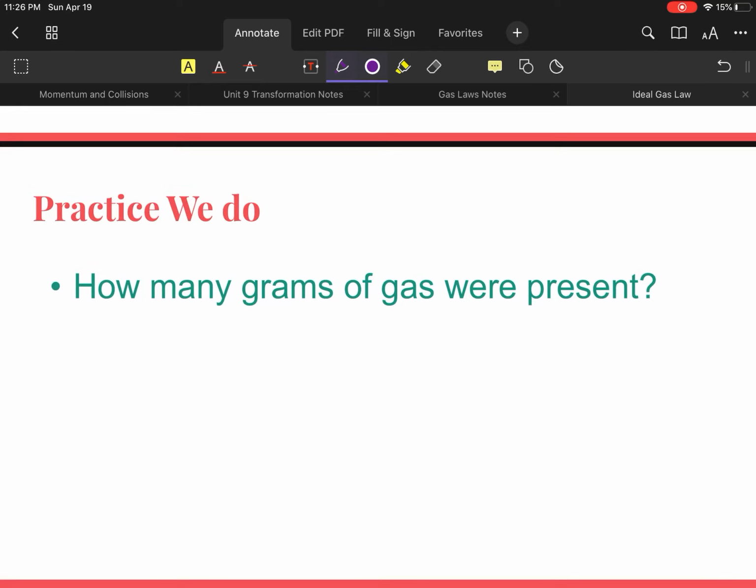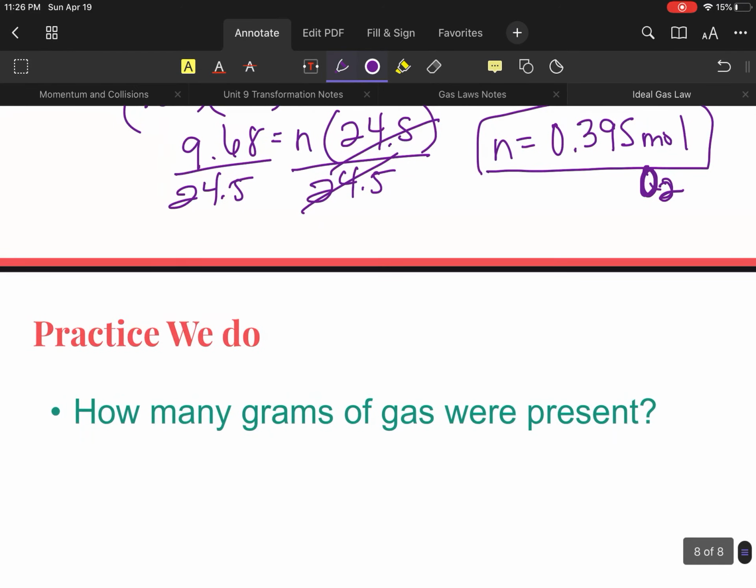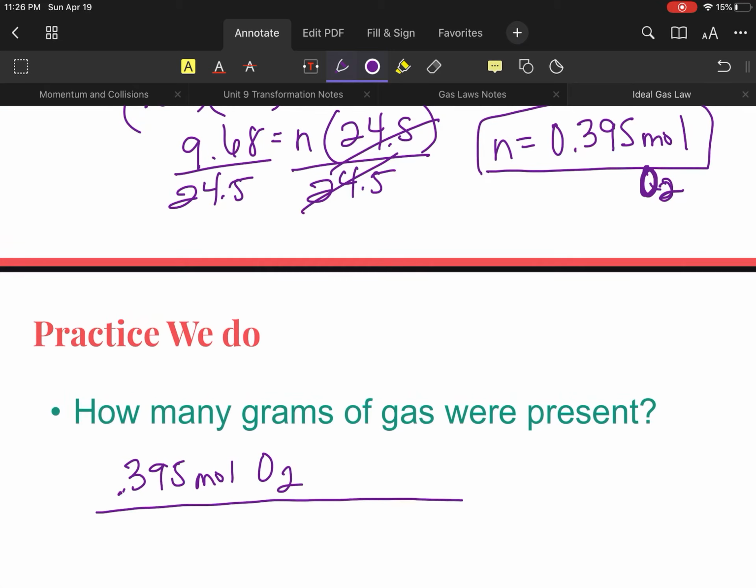And then we can take it one step further if we wanted to. We could find out how many grams are present. Remember, if we know our number of moles, we can find our grams. So if we start with 0.395 moles of oxygen, remember oxygen's diatomic, there's always 2. I can go from moles to grams by using my molar mass.